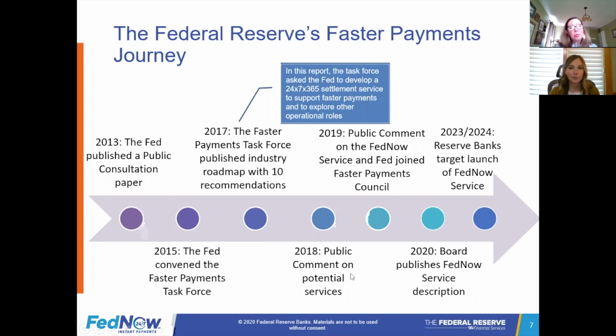So to collect broad industry perspectives, the Fed convened 2 task forces, the Faster Payments Task Force and the Secure Payments Task Force. And these task forces, we asked for volunteers, and we received an overwhelming response and ended up with a very broad and inclusive group of stakeholders.